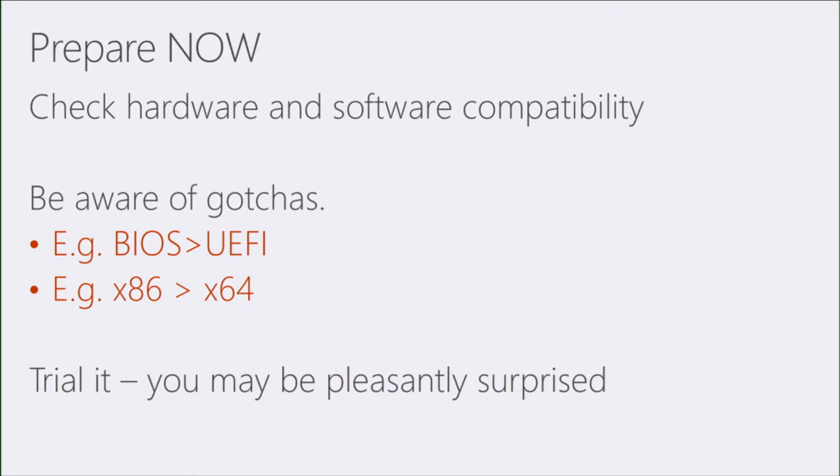You can't go from a 32-bit build of Windows to a 64-bit Windows through an in-place upgrade. So you're still going to be in the wipe and load approach for that stuff. But aside from those few, what I would like to think is a minority case of computers, you might actually be surprised that most of your computers will actually work this way. Of course, test it. Don't just go out and deploy it and say, hey, Chris said it would work. Of course, you want to test this out.